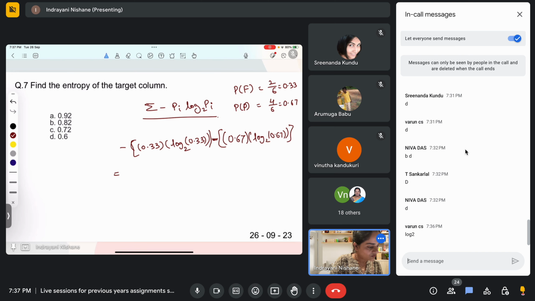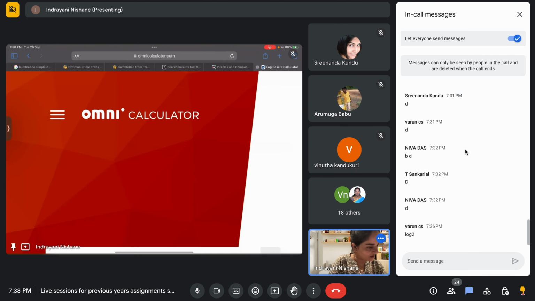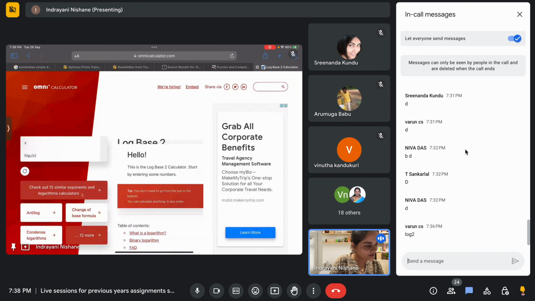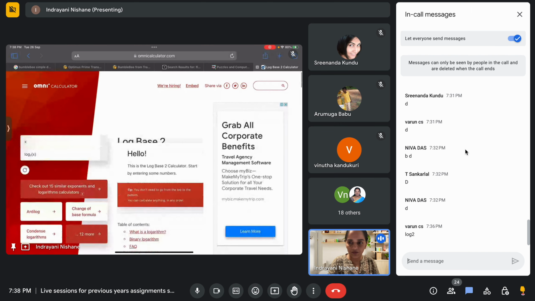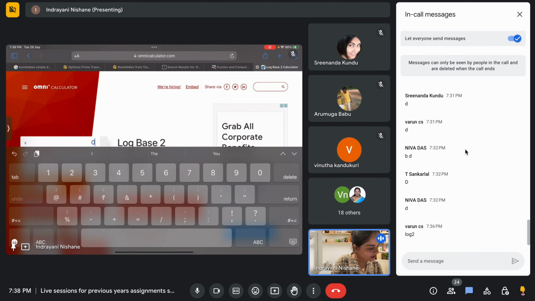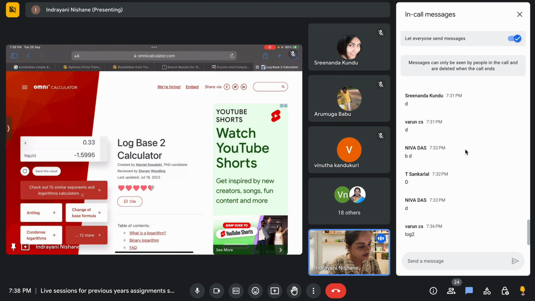Okay, so let me go to the log calculator. So this is log to the base 2. Our x value was 0.33. So this is minus 1.5995.